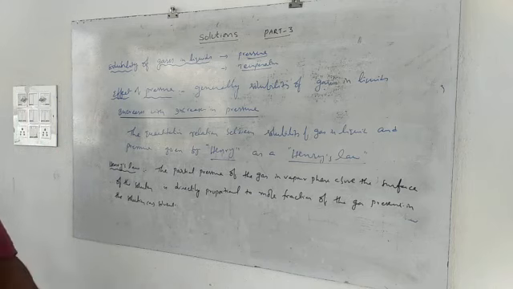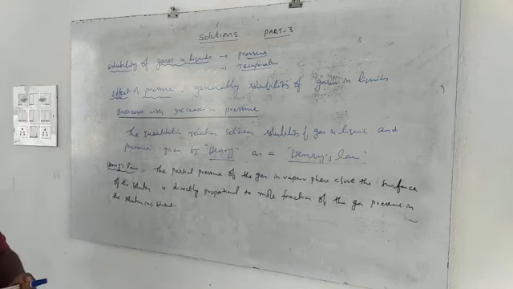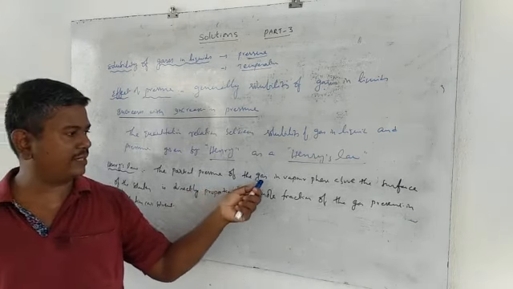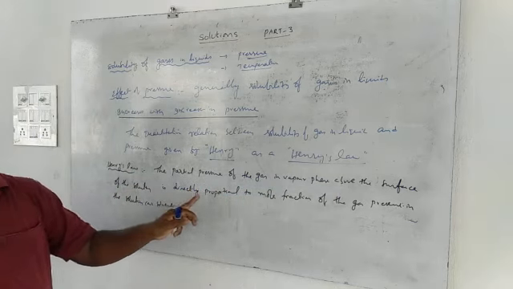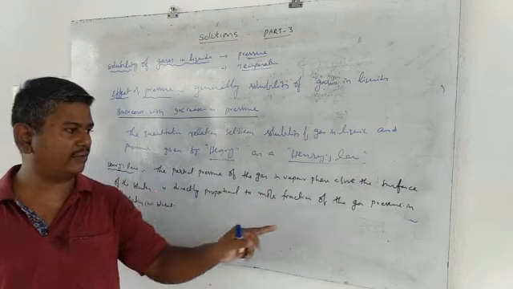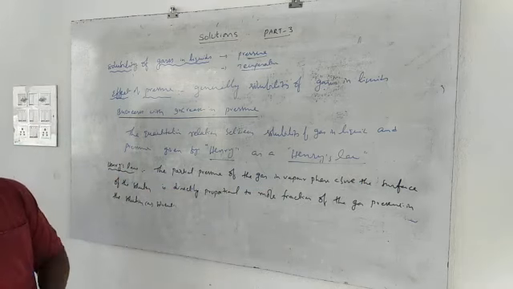Clear? So that is Henry's law. The partial pressure of the gas in vapor phase above the surface of the solution is directly proportional to the mole fraction of the gas present in the solution or a solvent.